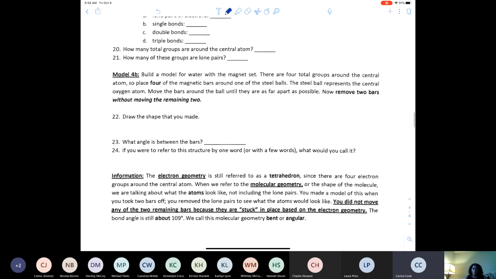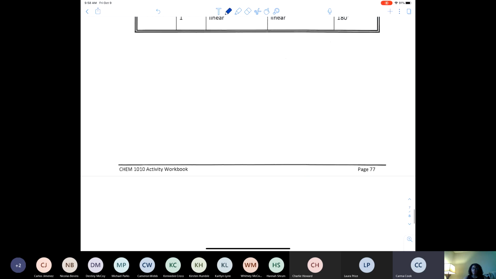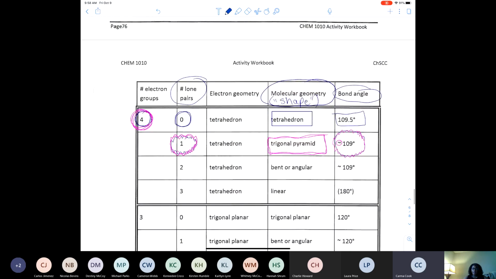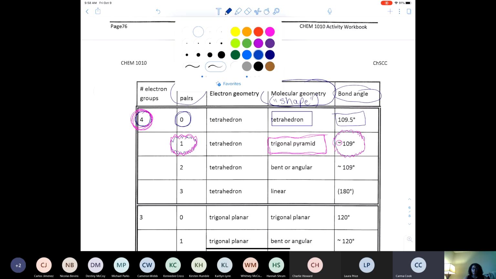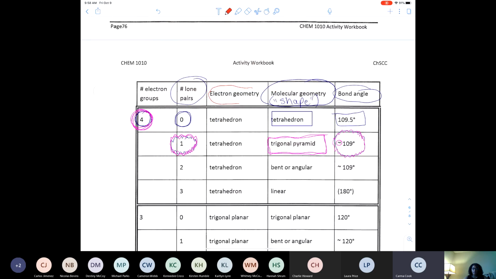And so we notice in our table that there are 2 different types of geometries listed. Electron geometry, which we'll deal with during our week 9 lab. We'll cover that extensively in chapter 4, the difference between electron geometry and molecular geometry.